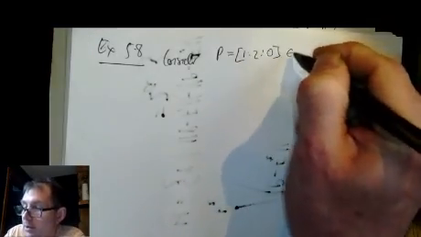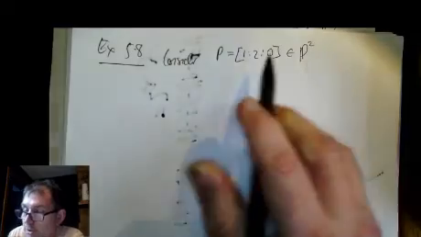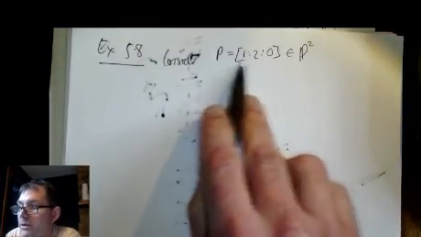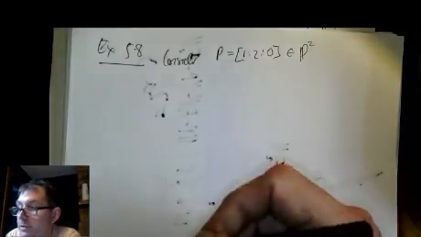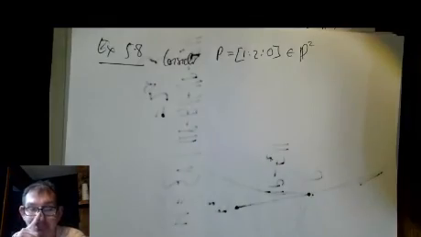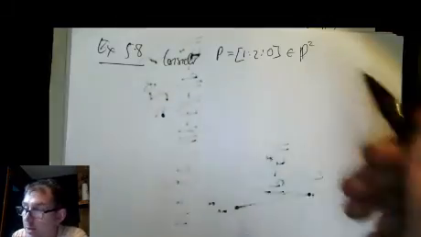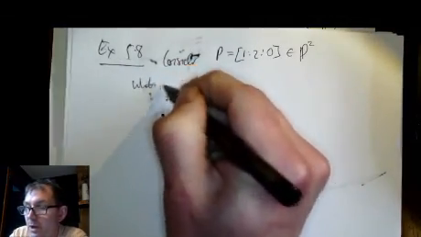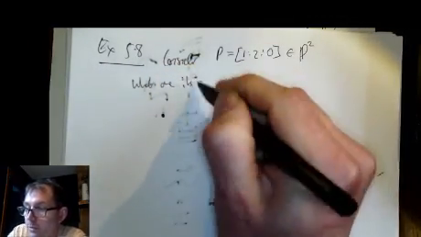So this is in P2. So these are homogeneous coordinates telling us what line we are inside A3. And then what are its coordinates?